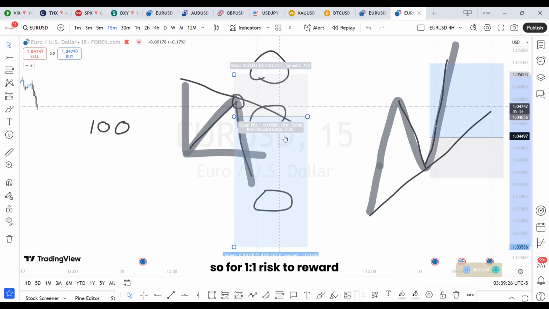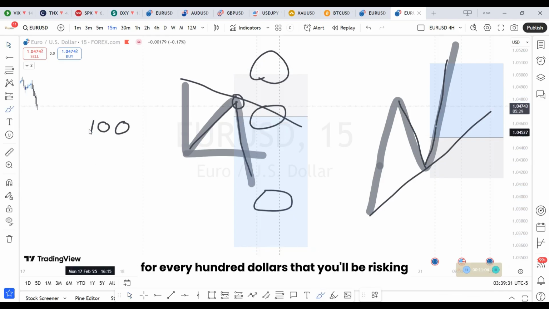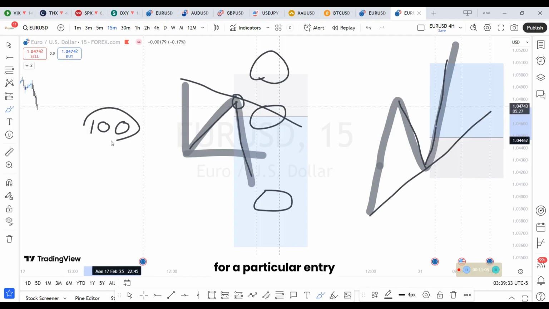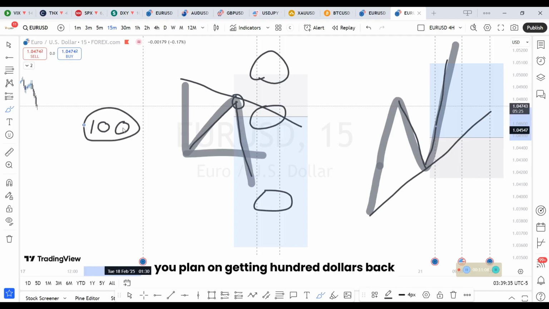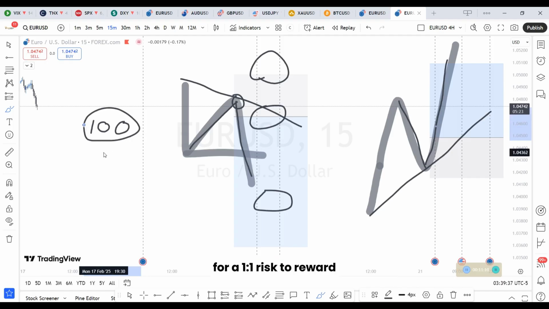So for 1:1 risk to reward, for every $100 that you'll be risking for a particular entry, you plan on getting $100 back.